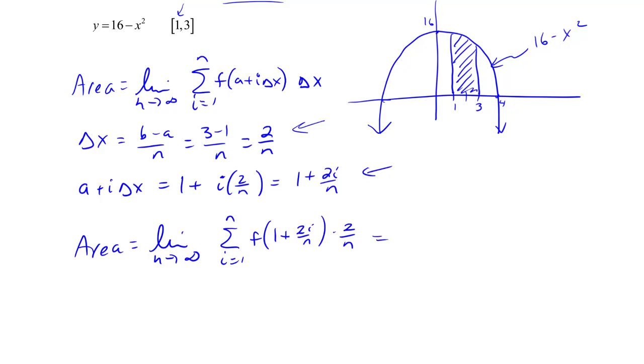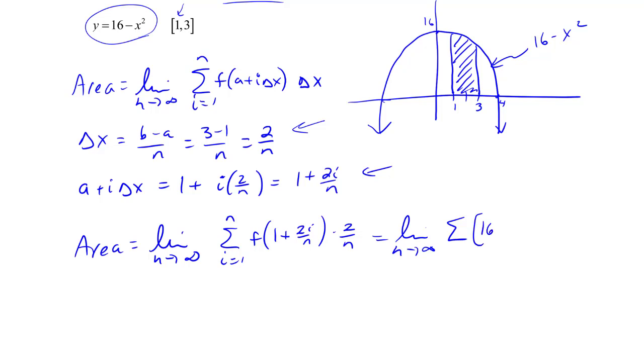Now, next thing I need to do is apply what this function is. Whoops, I forgot my summation. The summation of f of 1 plus 2i over n. But f is 16 minus x squared.